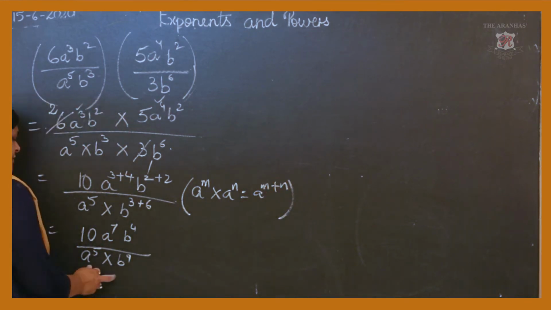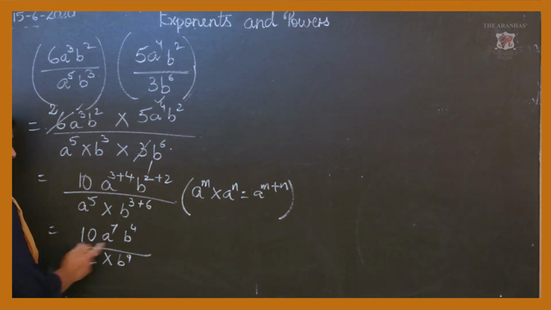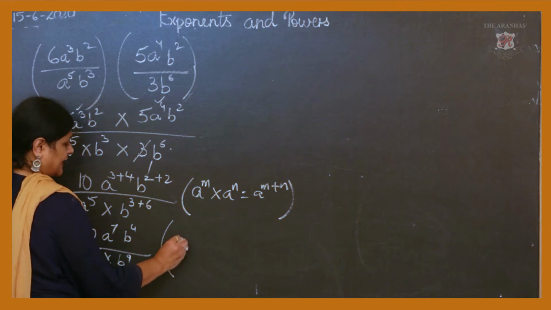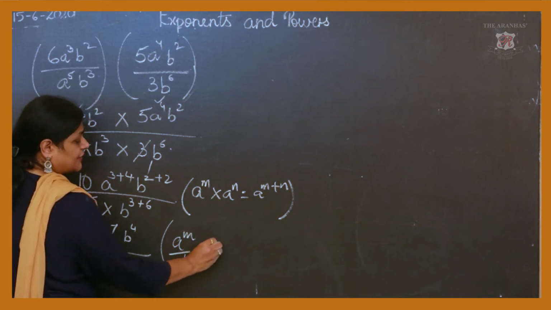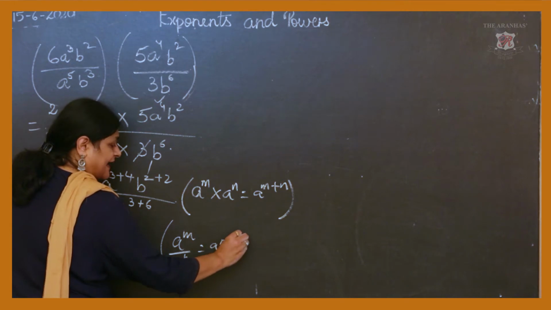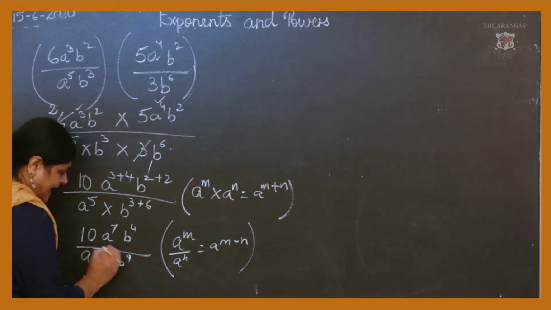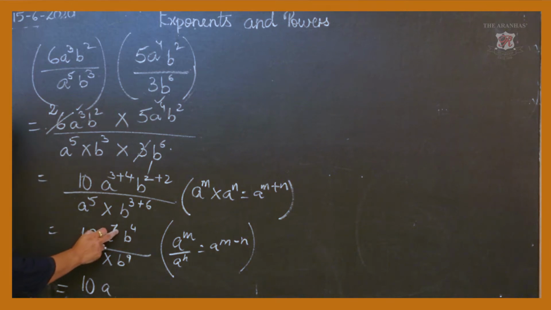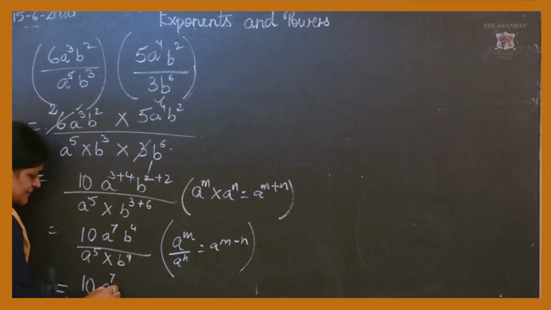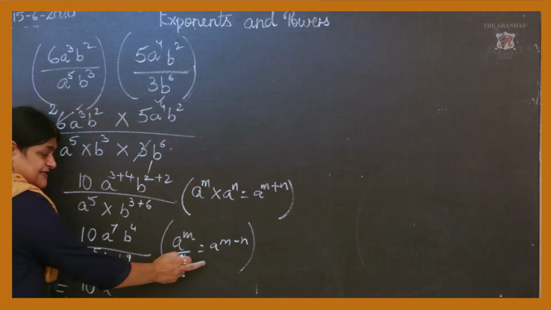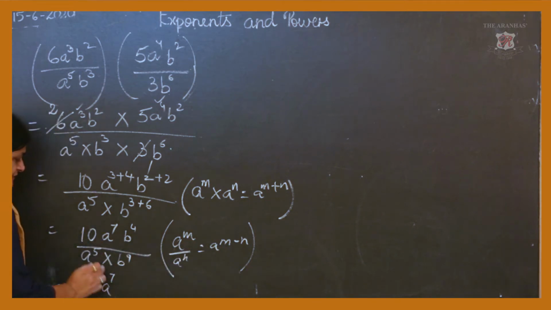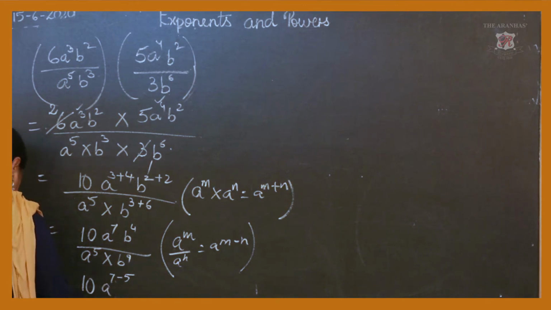Here you have your division sign, so you have a raised to m upon a raised to n is equal to a raised to m minus n. Okay, so that is equal to, now you are writing here 10, you have a, you are writing a. Here how much you have got? 7 you are writing. In the denominator you have it as 5. So 7 minus 5.